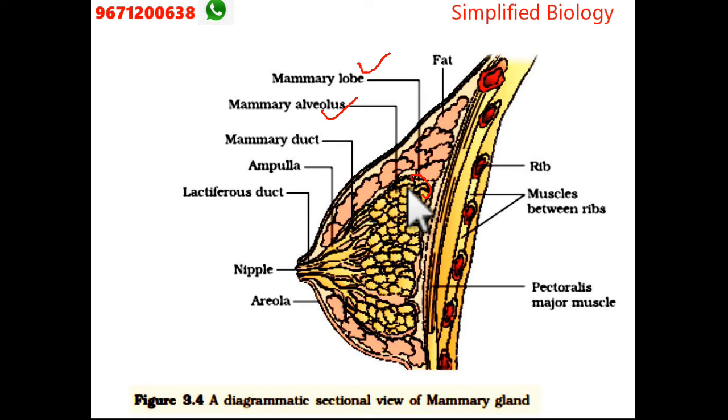The alveolus stores the milk and pours it into the duct-like structure named the mammary duct, which forms the ampulla. These are the ampullae, and after that the ampulla passes into the lactiferous duct, which passes through the nipple.